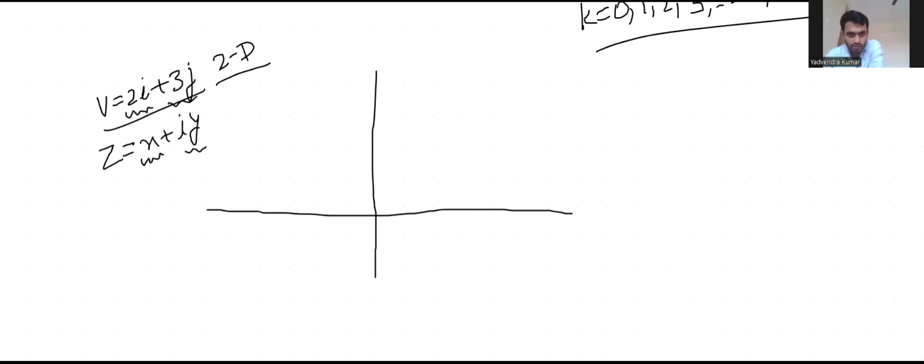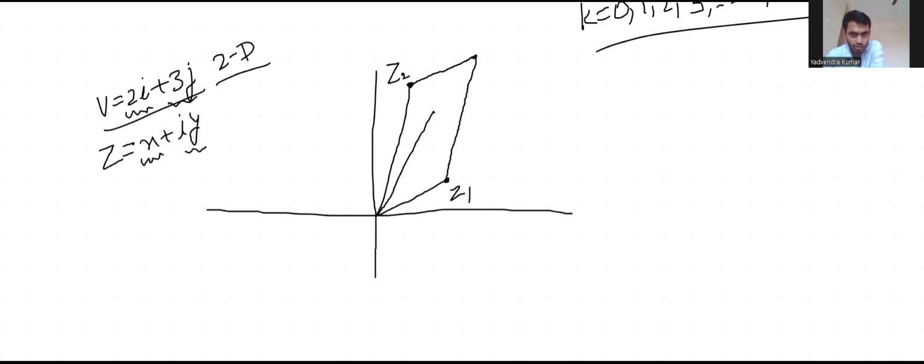So let's call this complex number Z1, and some other complex number here is Z2, right? So this complex number is going to look like something like this, and this will be the resultant.